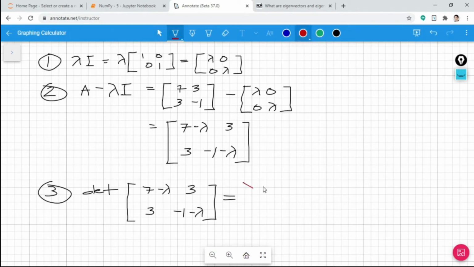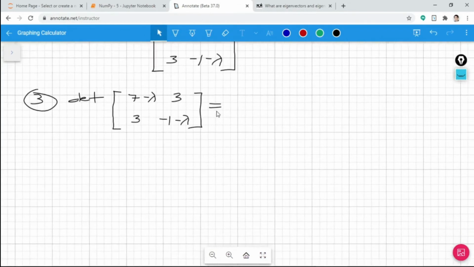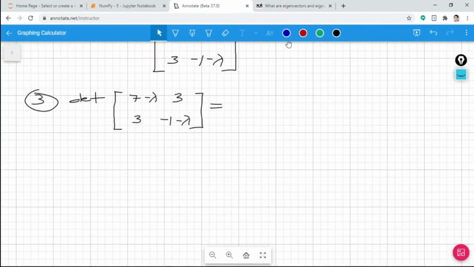So again, AD minus BC. Here you remember that: we multiply 7 minus lambda by negative 1 minus lambda, minus B times C.